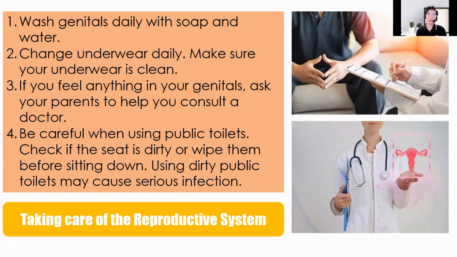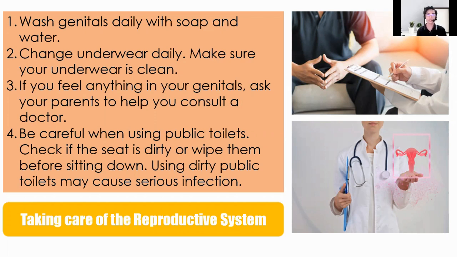How to take care of the reproductive system? Wash genitals daily with soap and water. Change underwear daily. Make sure your underwear is clean. If you feel anything in your genitals, ask your parents to help you consult a doctor.